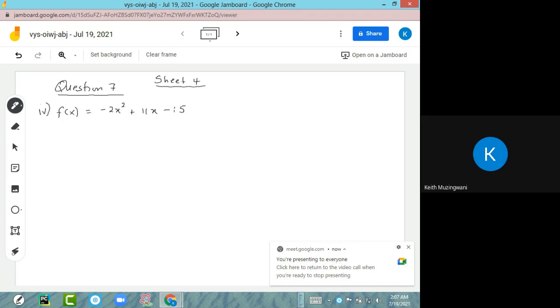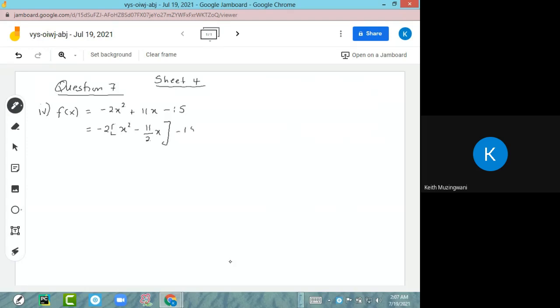Complete the square. Find the maximum or minimum value, and sketch. To complete the square, we factor out 2, remain with x squared minus 11 over 2x, and keep the 15 aside.